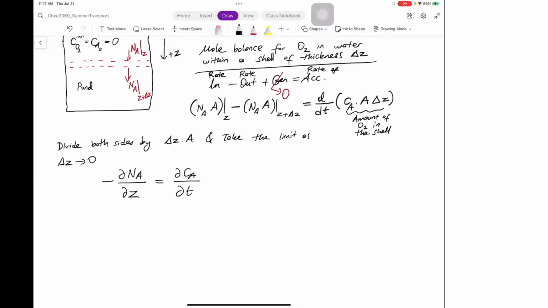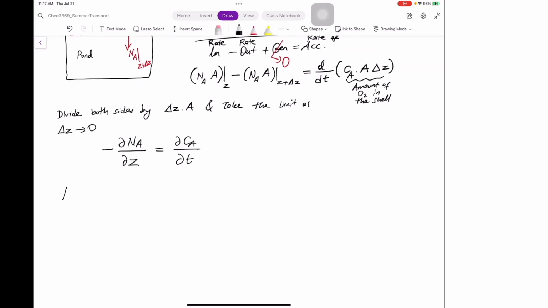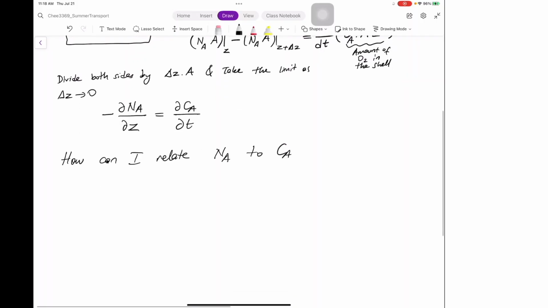Now we should write down the formula for the Na. How can I relate the Na to Ca? Remember when we did the heat transfer, we were trying to relate the Q to the T, right?